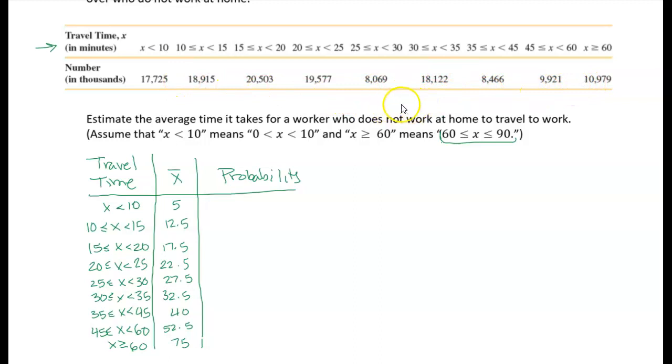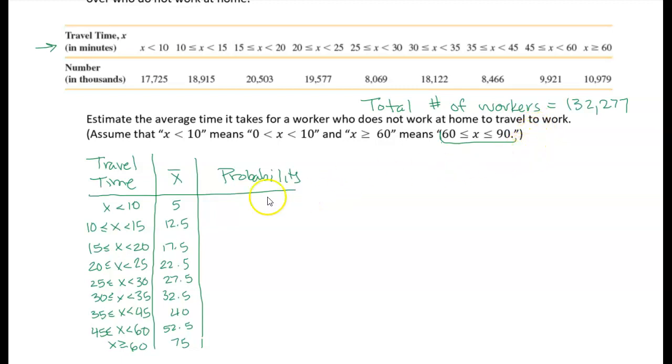One thing we need to know is the total number of workers in this survey. We get that by adding up all of these numbers in the second row, and what I get is 132,277. So there were 132,277 workers surveyed to get this data.